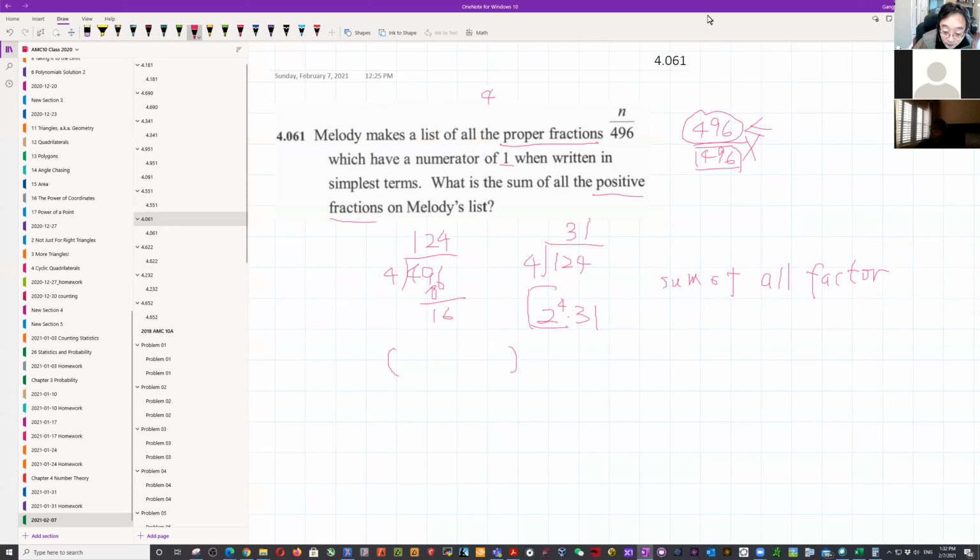For this factor, we need to do 1 plus 2 plus 4 plus 8 plus 16, and for this one we put together 1 plus 31.